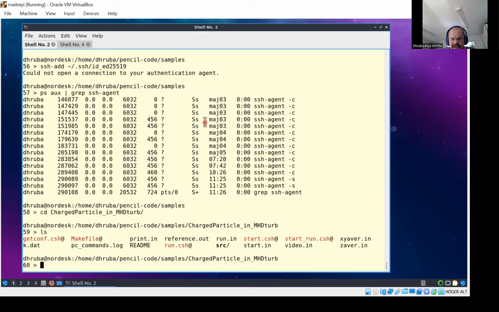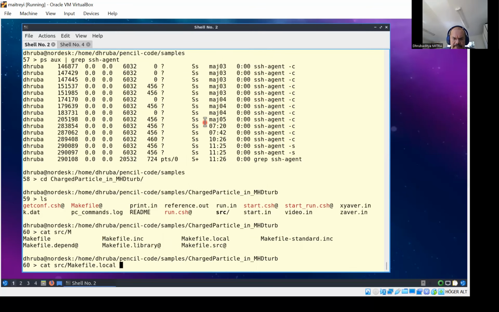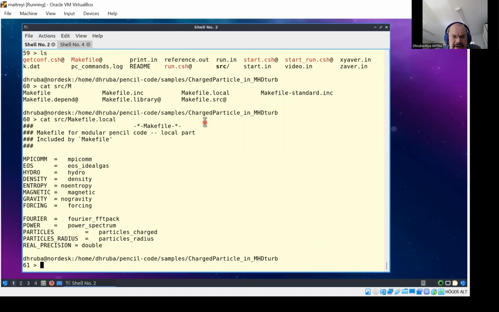So as you know, in the samples, the most important things are two. One is the makefile.local. So let's see what is there in the makefile. This is MPI. This has ideal gas. This has hydro. This has density. No entropy, magnetic field, no gravity, forcing. We are using Fourier spectrum, the Fourier way to calculate the power spectrum. That's not so important.